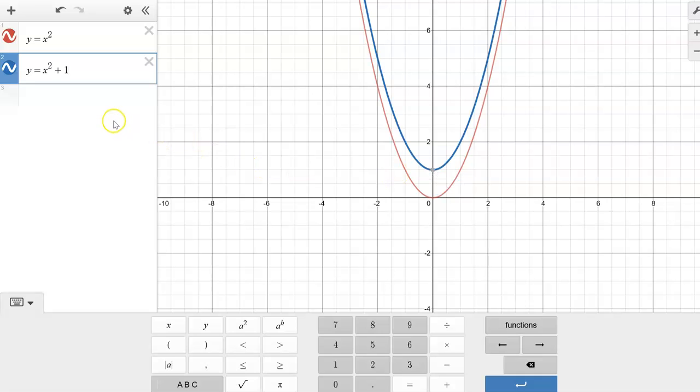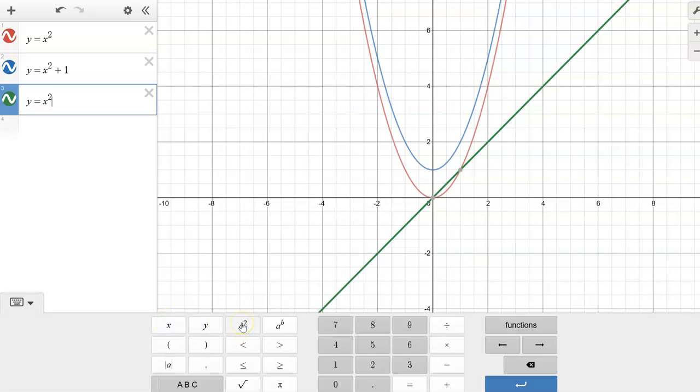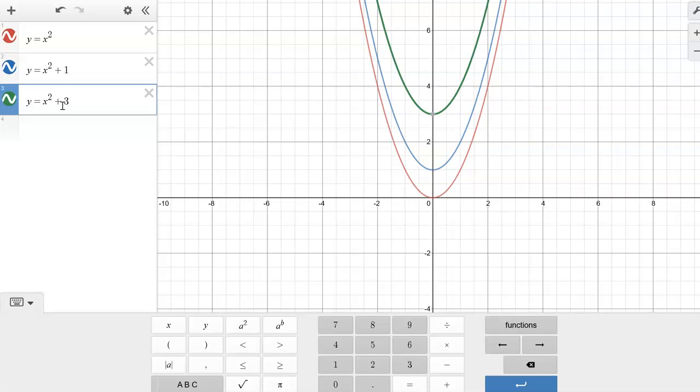Now let's press enter again and do y equals x squared, this time plus 3. What happens now? Look at it and notice that it moved up 3. The parent function has moved up by 3.